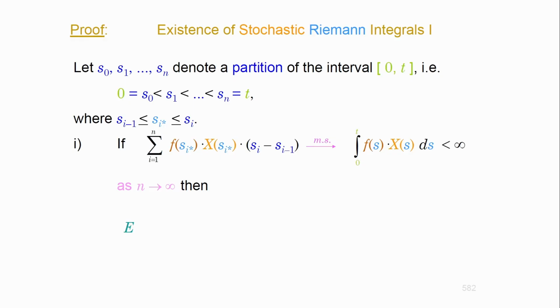So as a consequence, the variance needs to be converging. Let me recall what I'm referring to. If a sequence of random variables converges in mean square to a limiting random variable, so do the expectations.